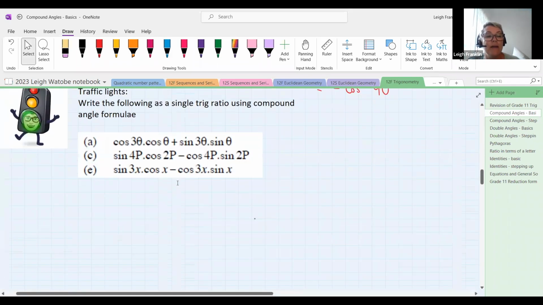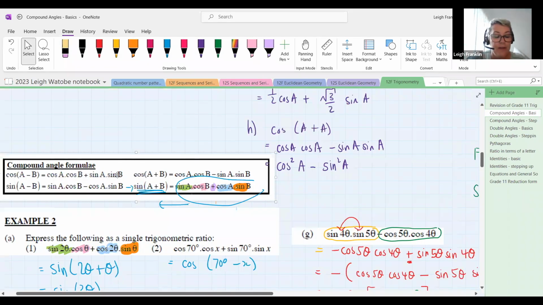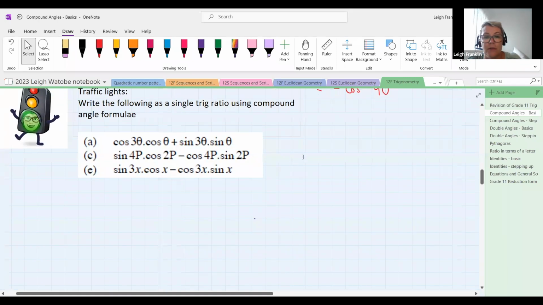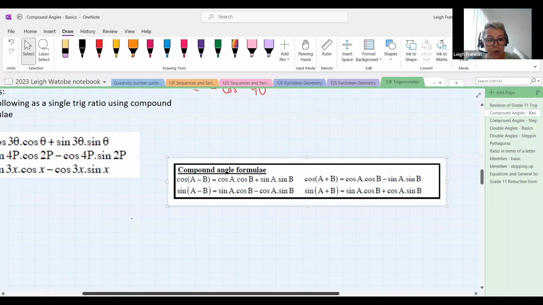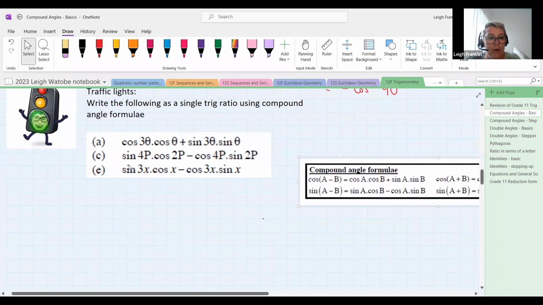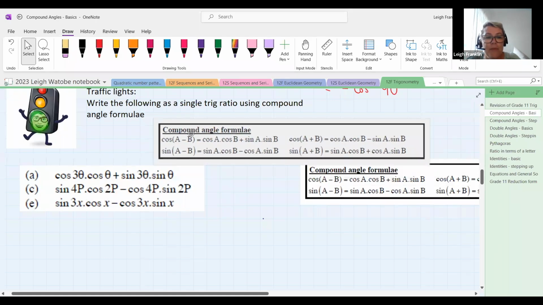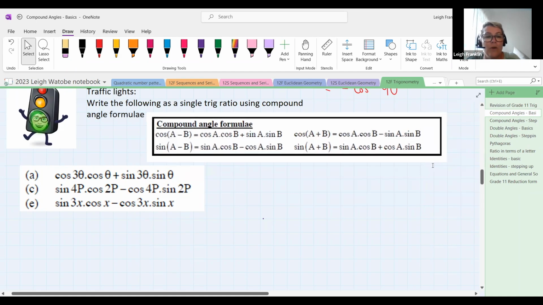So let's go down here and have a look at these. I wouldn't be very nice if I didn't give you this. Let's just pop this on the side. There we go. Now hopefully everybody can see all of this fine.